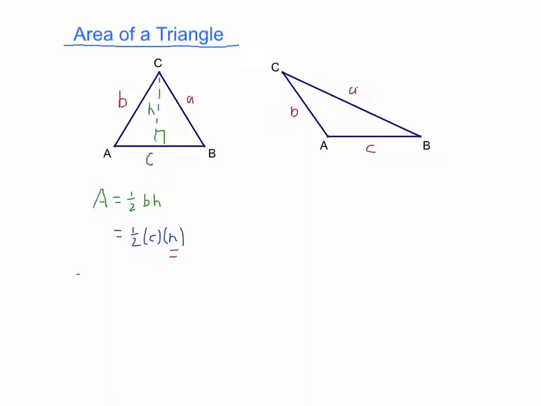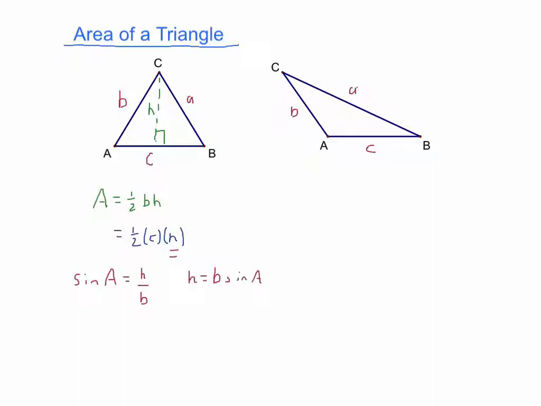In particular, the sine of angle A, based upon that right triangle, would be equal to H over B. If we then use that to solve for our altitude H, we would get that H is equal to B times the sine of A.